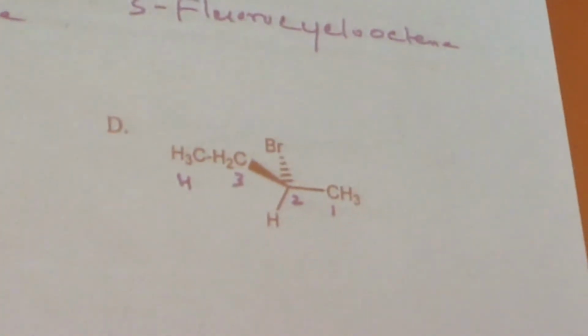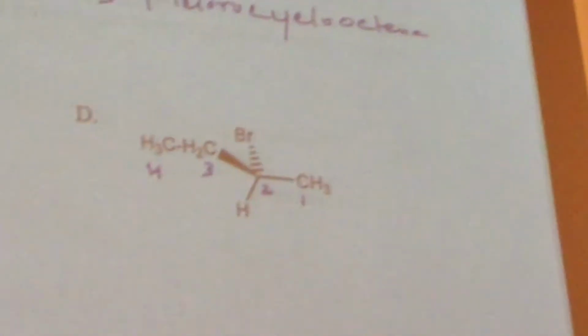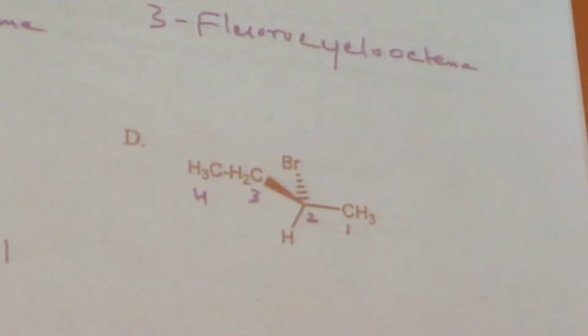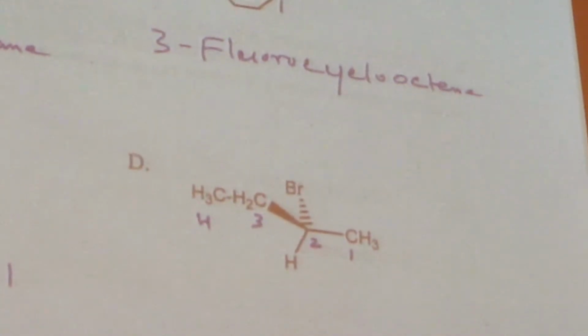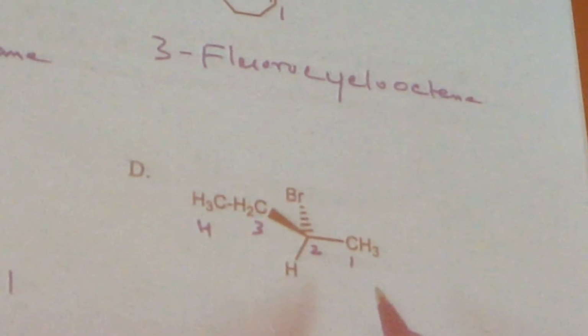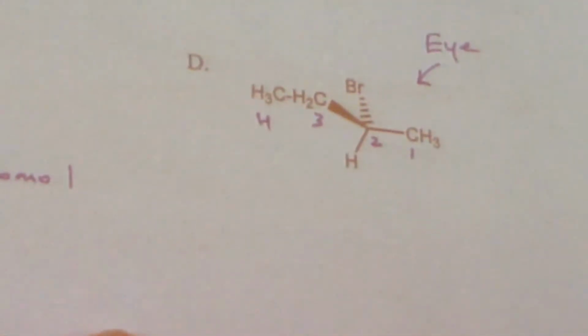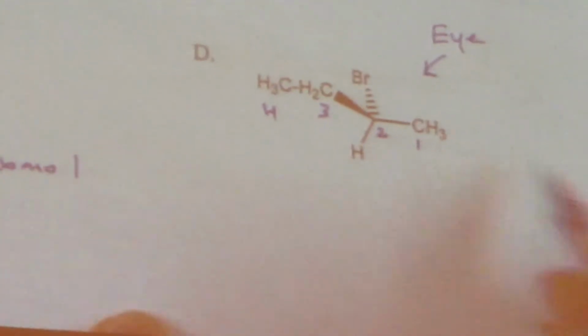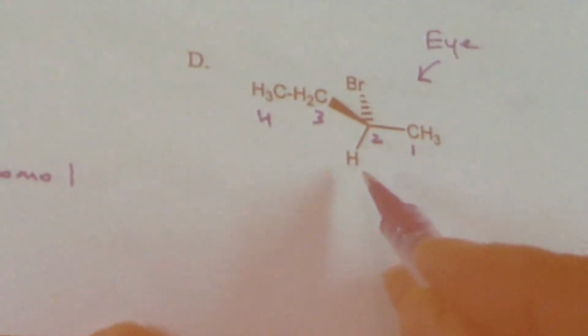Okay. And what's important in here, because particular stereochemistry is shown, you've got to figure out the R or S. In order to figure out the R and S, you can do it with a model, or you can have your eye over here and look down this one. That gives you the hydrogen in the back, which is the lowest priority.